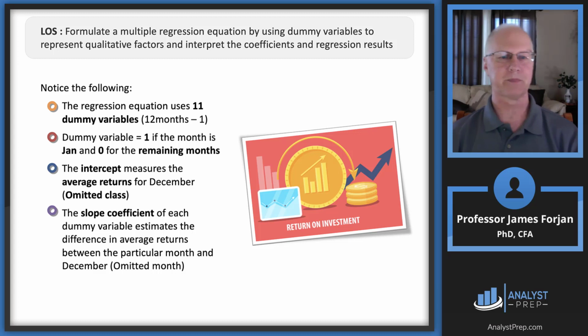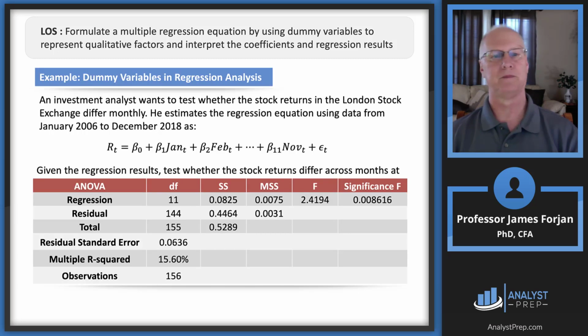So notice the third circle point. The intercept measures the average returns for December, which is the omitted class. So the slope coefficient of each dummy variable estimates the difference in average returns between that particular month and the December month. And that should make sense.